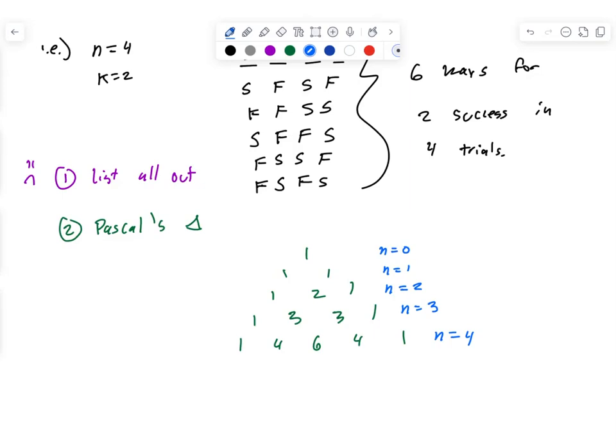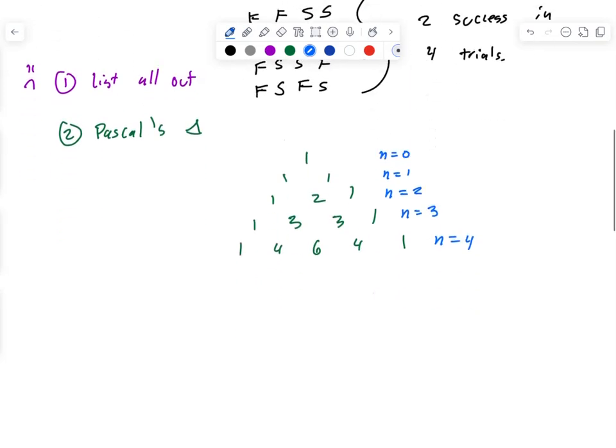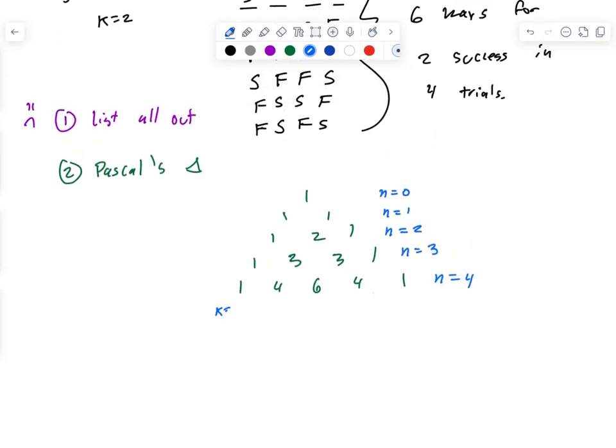You don't have to write that. If you want to, again, I'm going to show you an even easier way. But look, n equals 4. The first number represents k equals 0. The next number is k equals 1, k equals 2, k equals 3, and k equals 4. We did this all the way up to 10 last year, and some people went all the way up to 15.